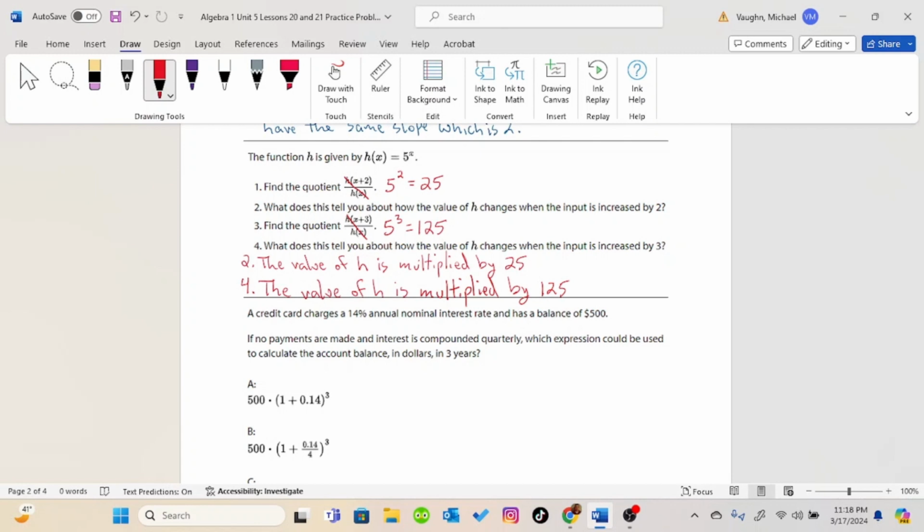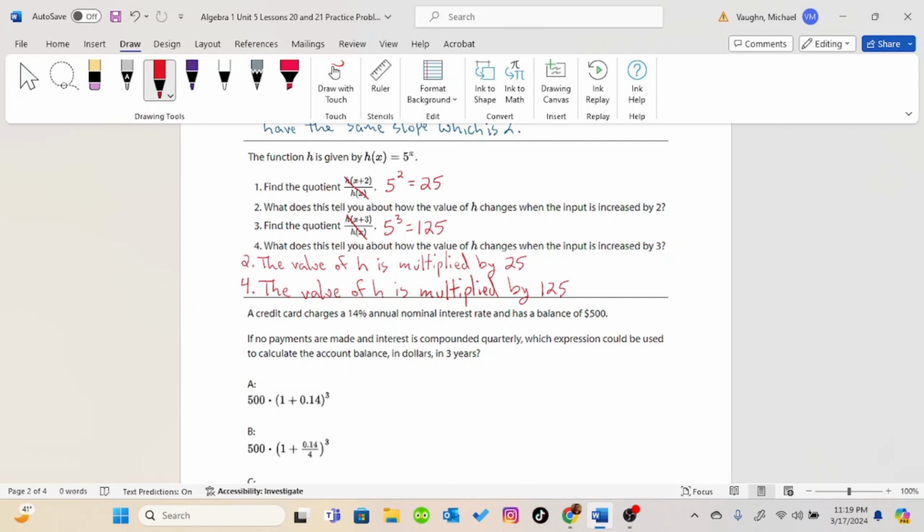The reason this happens is that no matter what number I put in for x and I get the value, if I increase that by 2, then that means I am multiplying it by 5 and then by 5 again, which overall multiplies by 25.